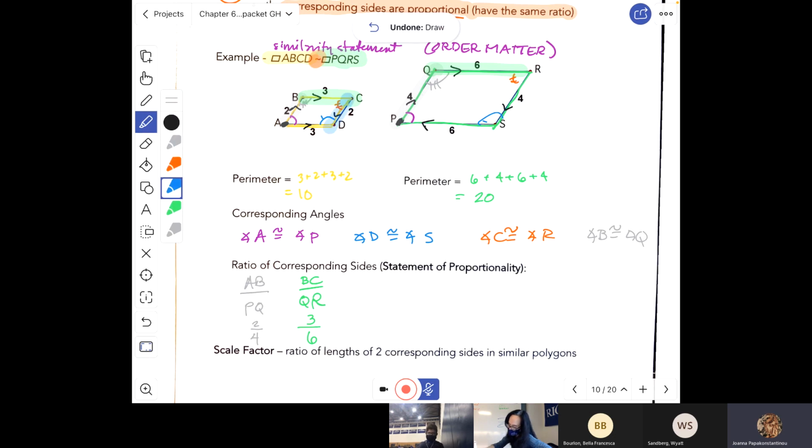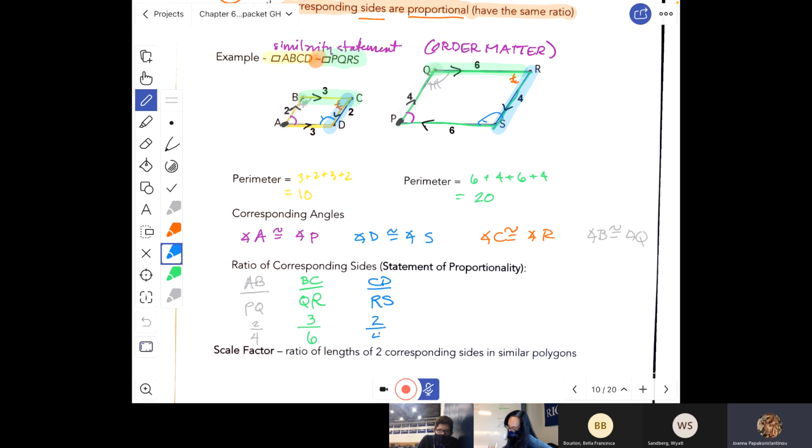CD corresponds to what? RS. CD's length is 2, RS is 4. And then last but not least, the corresponding sides, I have AD and PS. AD is 3, PS is 6.